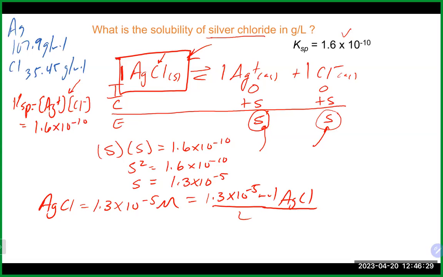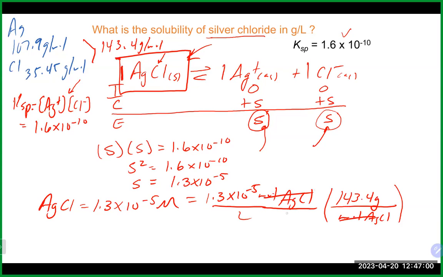So as we just talked about, we're looking for grams per liter. So we do need the molar mass, which hopefully I read right off the periodic table. We're just going to add these together. In this case, that's 107.9 plus 35.45, about 143.4 grams per mole of silver chloride. Using that as our molar mass here, the moles will cancel.